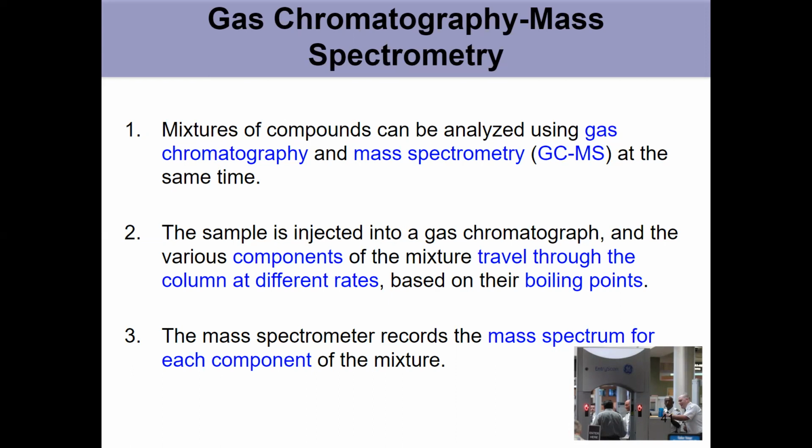Its biggest use is determining the formula using the rule of 13, and we will use some of those fragmentation patterns to make an educated guess of what is present in the molecule. We can confirm those things, as we'll see next, using IR.